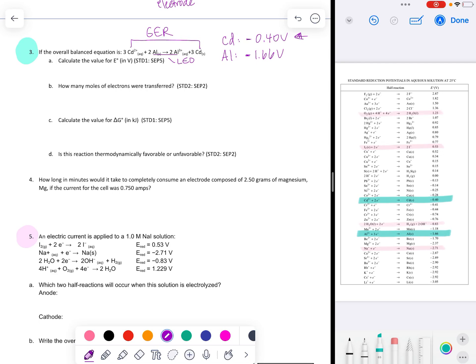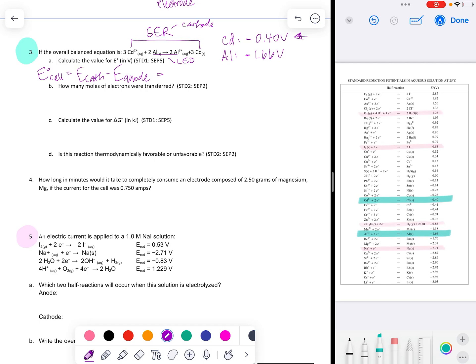and when I look, that is what I identified from the equation as well. So when I'm calculating my E naught of the cell, I'm going to do the cathode minus the anode. So my cathode, the cathode is reduction, and the anode is oxidation, an ox, red cat.